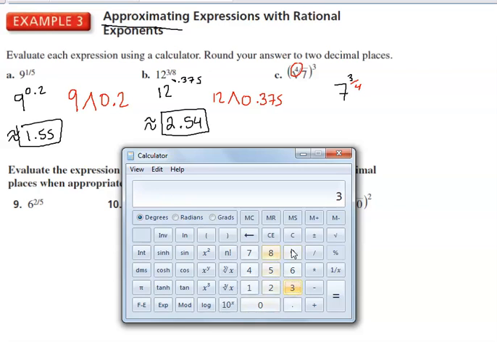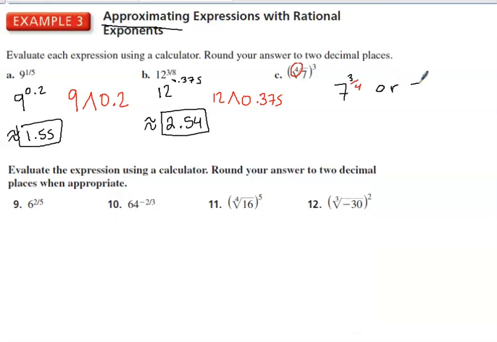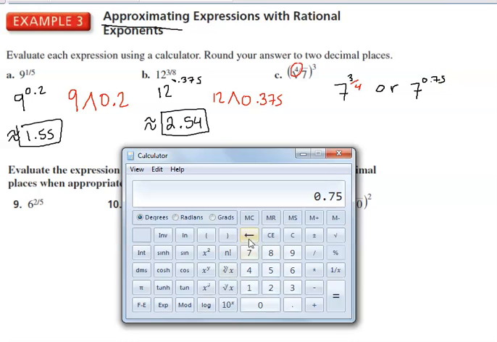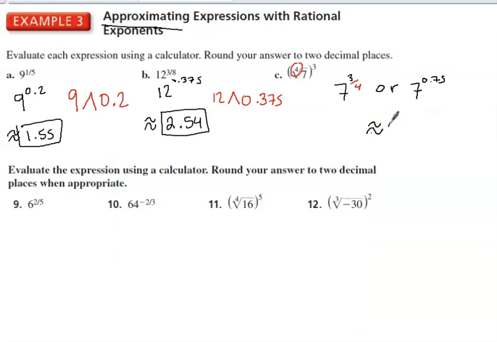If you want to type it in as a decimal, you can, 0.75. So 7 to the power of 3/4 or 7 to the power of 0.75. I hit my x to the y button, and that gives us about 4.30. So approximately 4.30.